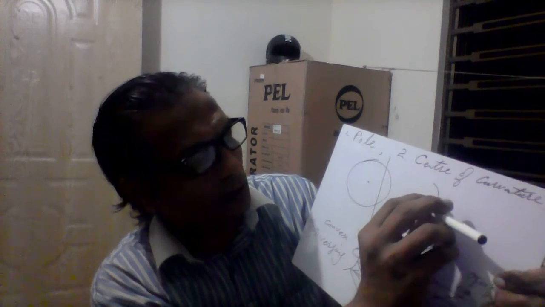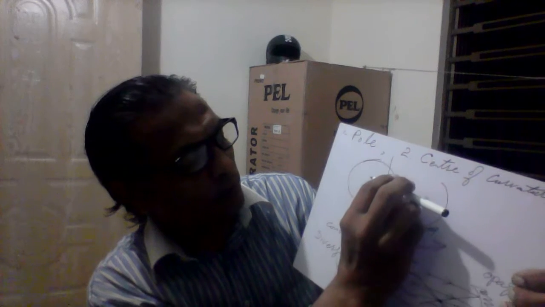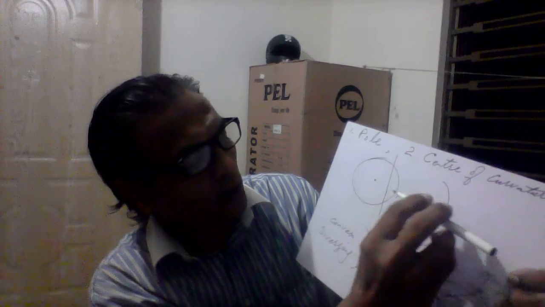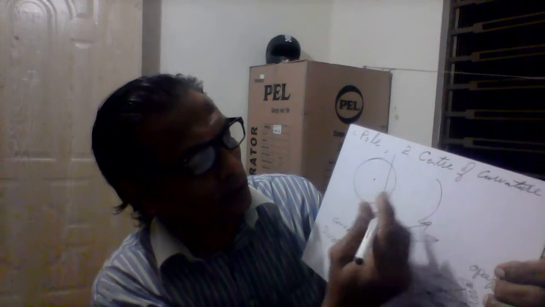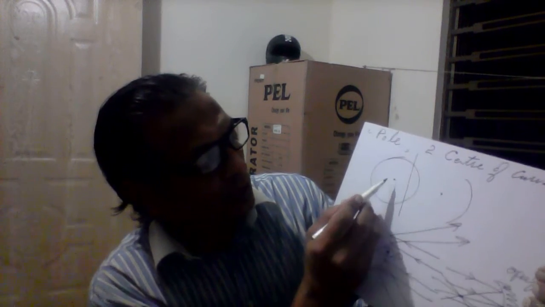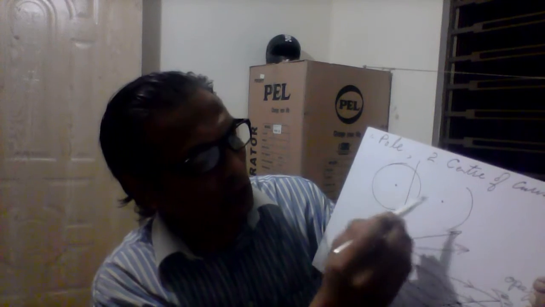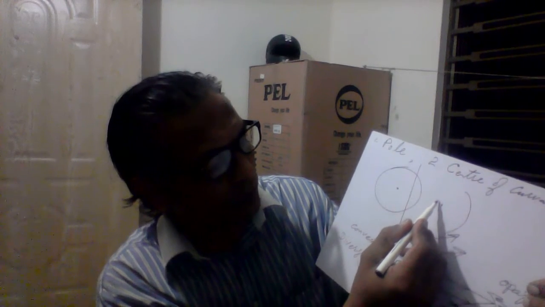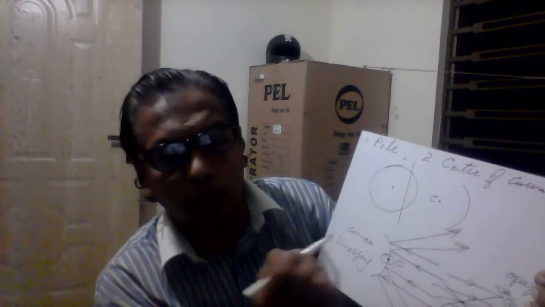Approximately, okay, I measured it in this way. I measure here and then this. The center of that sphere is now the center of curvature C for this spherical mirror.